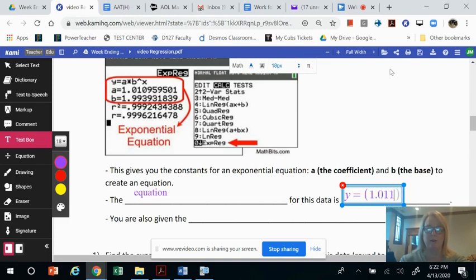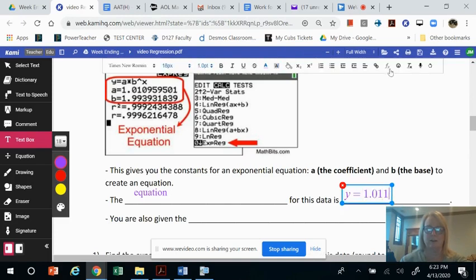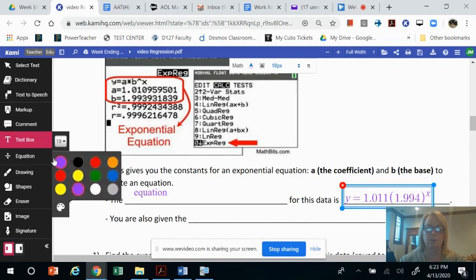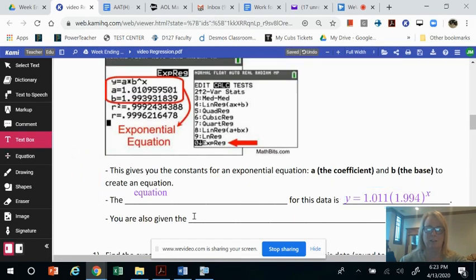That usually gives me enough information. Oh, I do not need parentheses to start this. I'm going to put parentheses around our base. And that's our equation.